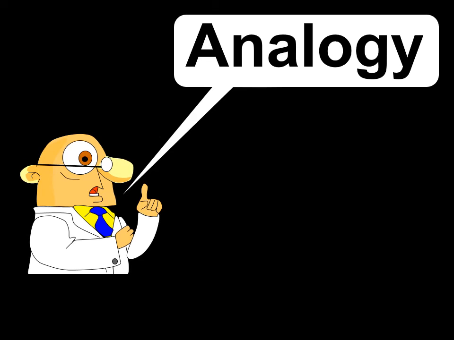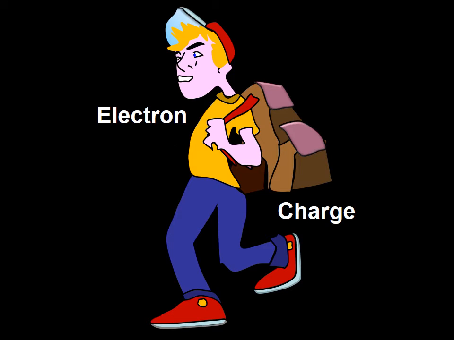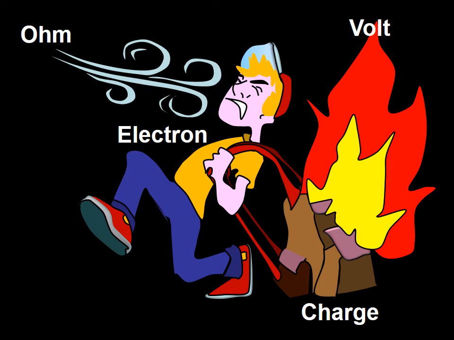Now that we have completed the trilogy amp, volt, and ohms, I like to bring in another analogy. An electron is always moving in its orbit and always has a negative charge. I think of the electron and its charge moving in their orbits as a young man running in place with his backpack. I have introduced in this frame two things: fire and wind, and I have changed the position of the young man.